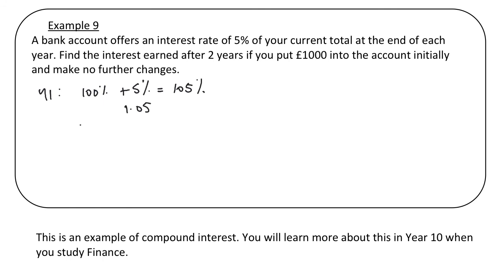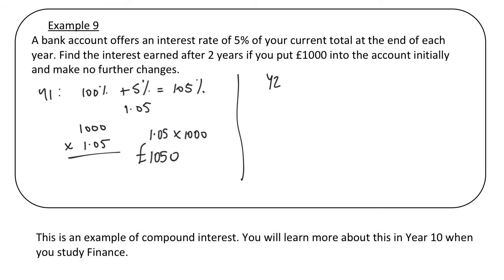So we're going to have 1,000 multiplied by 1.05. Now, rather than doing this as 1,000 multiplied by 1.05, a much easier way would be 1.05 multiplied by 1,000. So what we're doing is moving the decimal point 3 places. And to do that, we get 1050. So that means at the end of year one, we're going to have £1,050 in our bank account.